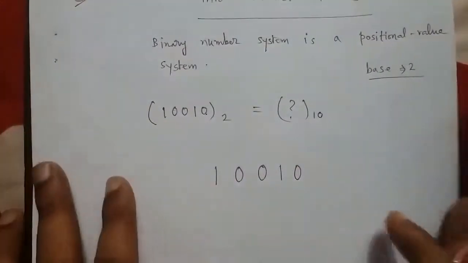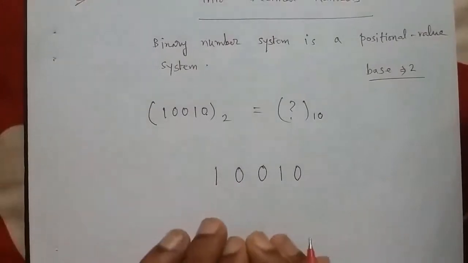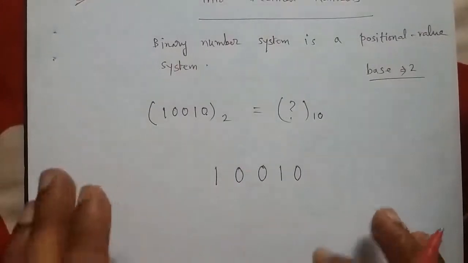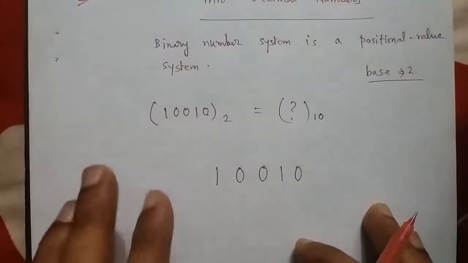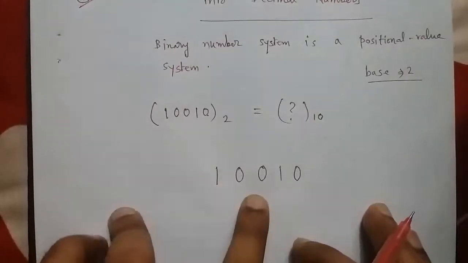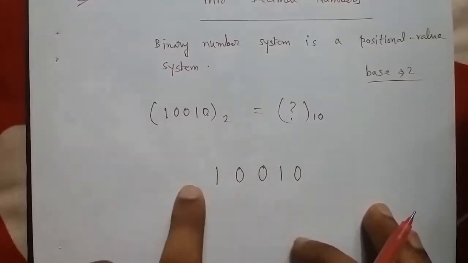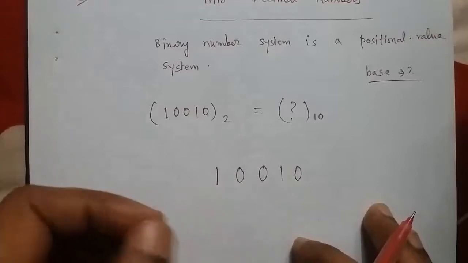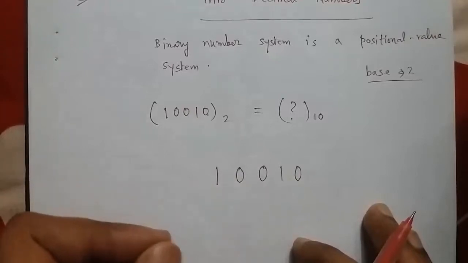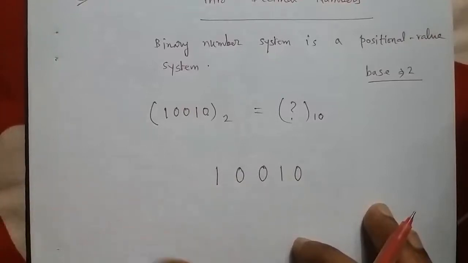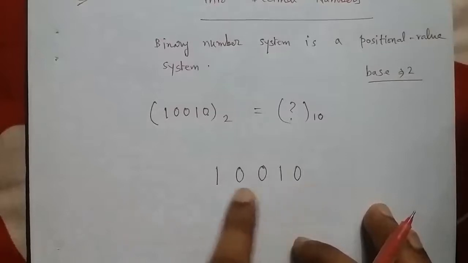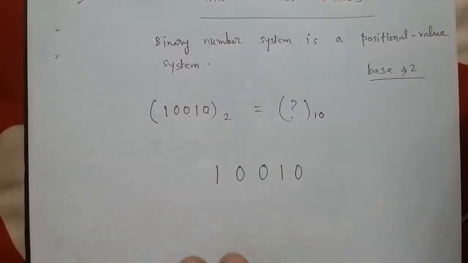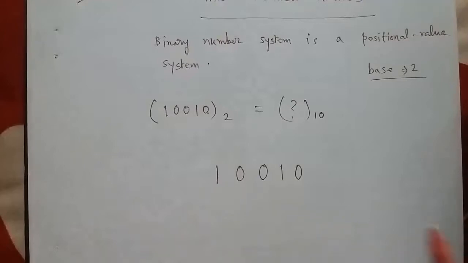Now we have to write the weight of the position of every bit, starting from right hand side. As you know, in binary number system, the place value of every bit is expressed as a power of 2.